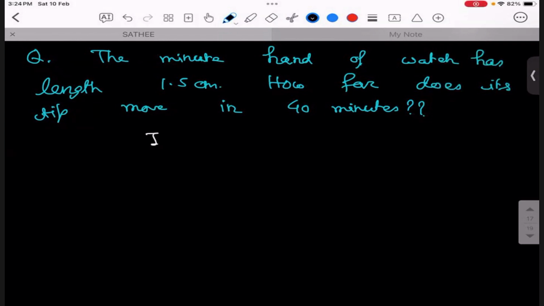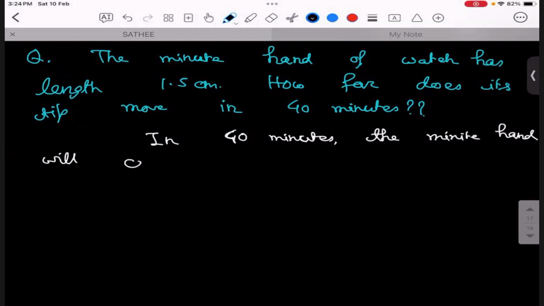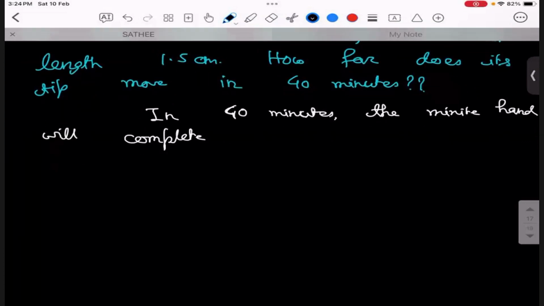So in 40 minutes, the minute hand will complete 2/3 of a complete revolution.